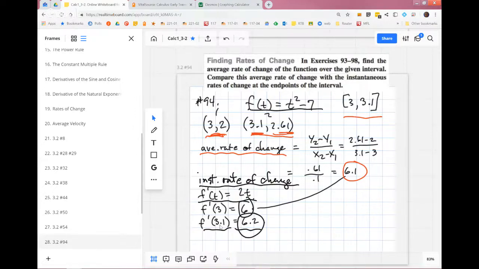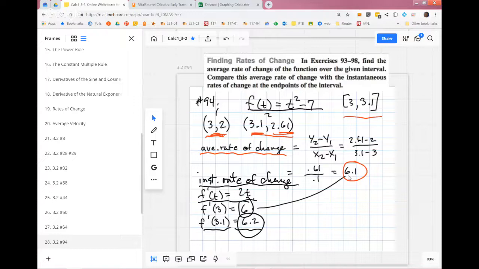It's 6. What's f prime at 3.1? 6.2. So you see how the exact rate of change at 3 is 6. The exact rate of change at 3.1 is 6.2. And the average rate of change is right between them, isn't it? That makes sense. That won't always be the case because they won't always pick the midpoint like that.